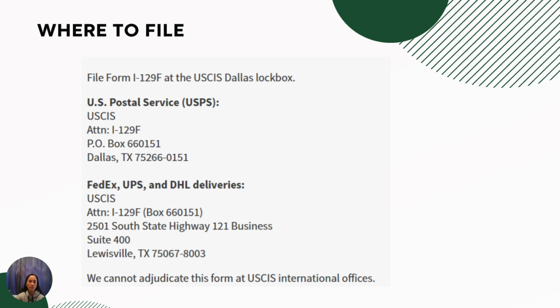Now, if you're using FedEx, UPS, DHL and other courier deliveries, you can use the address below, which is in Louisville, with the same PO Box but a different address in Texas.